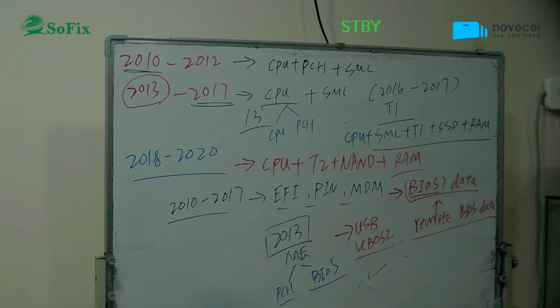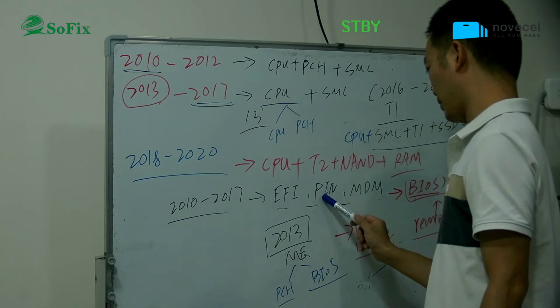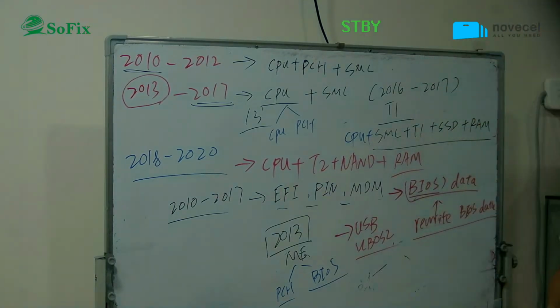If you don't change the ME, the display is very slow, and getting into the system is also very slow. So the EFI, PIN lock, and MDM are all inside the BIOS data.